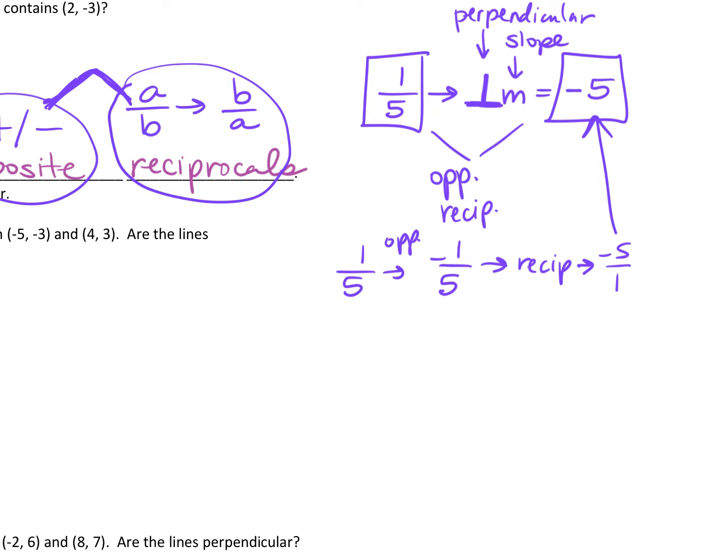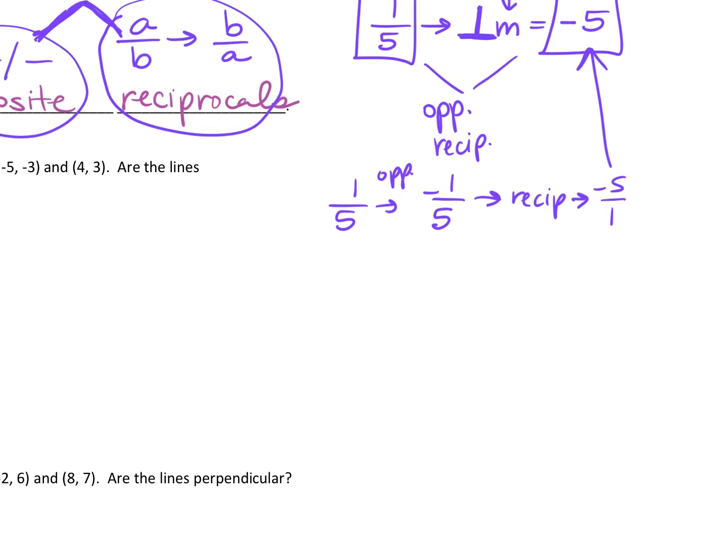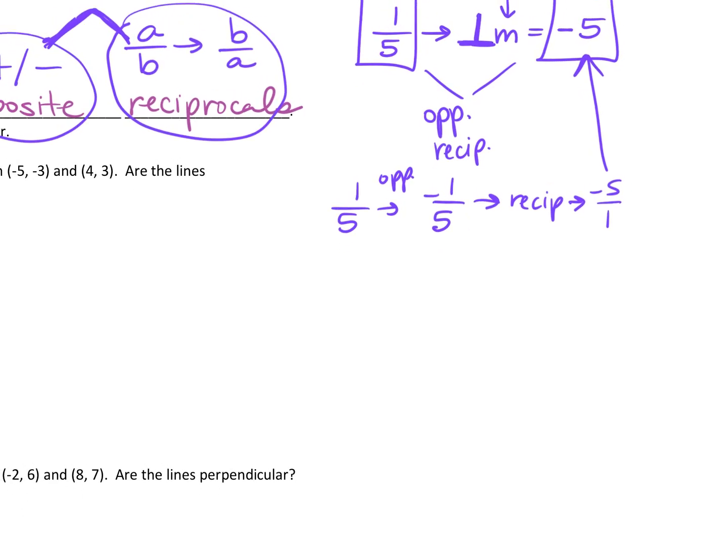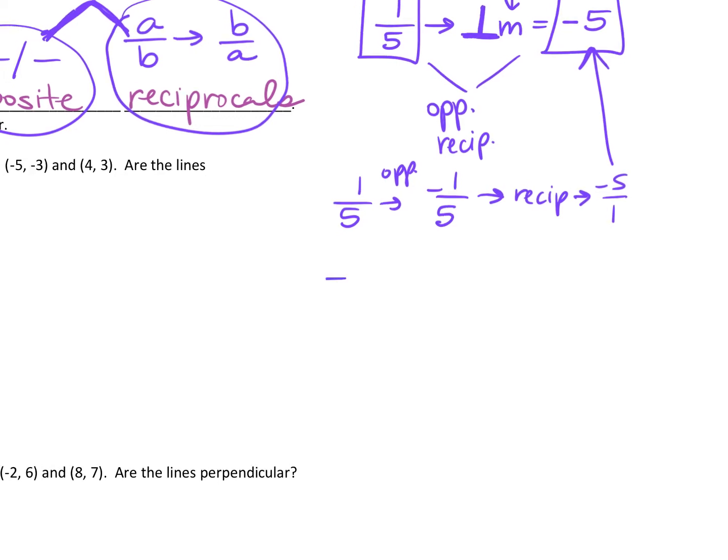So Miss Rubin, if it was 2/6, we would change it to a -2/6, and then it'd be -6/2, which would be -3. Yep. That makes a lot of sense. Okay, so how about this? If I have a -2/3 and I want the perpendicular slope to that, what's the perpendicular slope to -2/3?